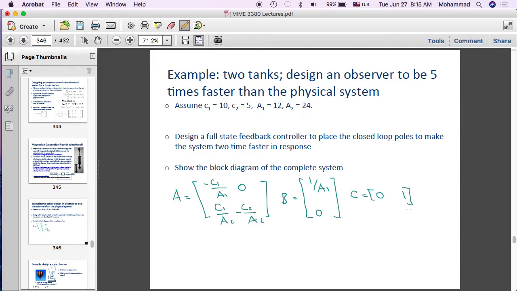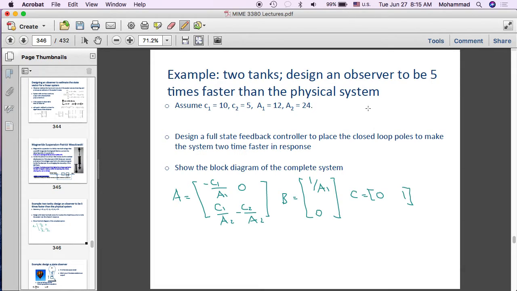So we established that this system was observable. So if the output of the system is h2, which we are signaling by choosing the C vector as 0, 1, this is an observable system. So we want then to go ahead and design an observer that is 5 times faster than the actual system. But before doing that, we need to establish the speed of the actual system first.